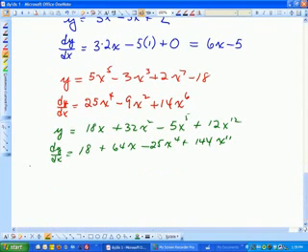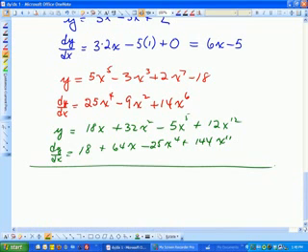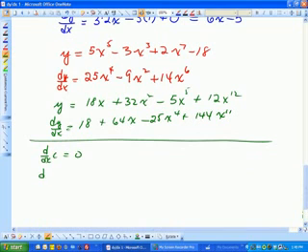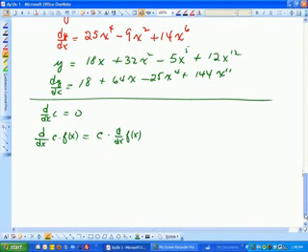Okay, so to sum up here, you learned from the beginning that the derivative with respect to x of a constant was 0. The derivative of a constant times a function was the constant times the derivative of the function. You learned that the derivative of x with respect to x, or anything with respect to anything, is 1.